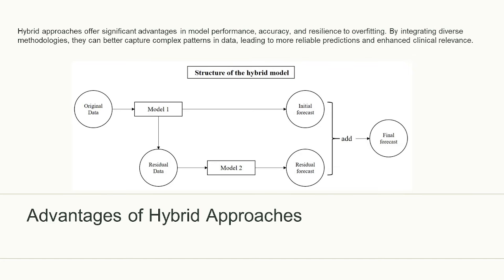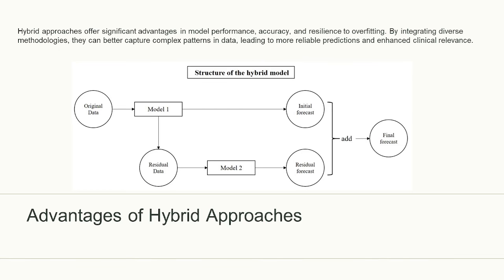The hybrid approach offers significant advantages in model performance, accuracy, and resilience to overfitting. By integrating diverse methodologies, they can better capture complex patterns in data, leading to more reliable predictions and enhanced clinical relevance.